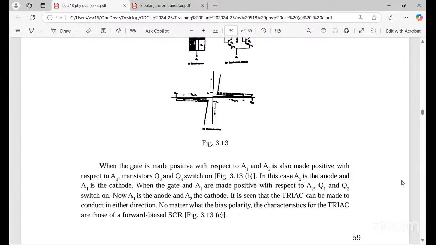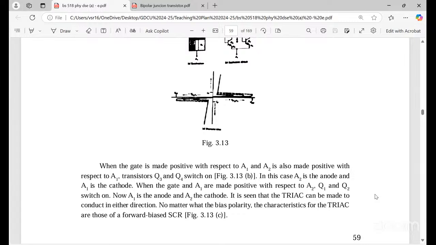In this case A2 is the anode and A1 is the cathode. When the gate and A1 are made positive with respect to A2, Q1 and Q2 switch on, with A1 as the anode and A2 as the cathode. So here you have to observe that the TRIAC can be made to conduct in either direction, two-way.